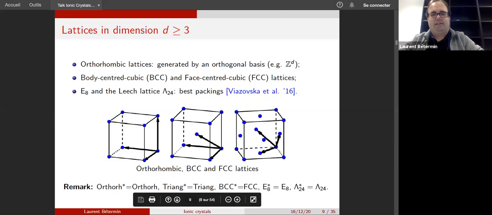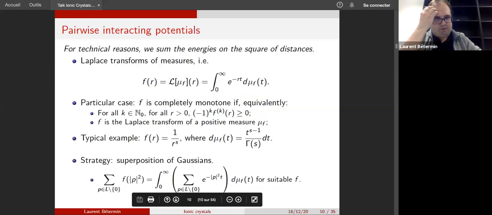And BCC and FCC are dual lattices to each other, as you may know. And you also have the fact that E8 at density 1, so I will talk about density 1 all the time here, is self-dual, as well as the Leech lattice. That will be important at some point in the talk.